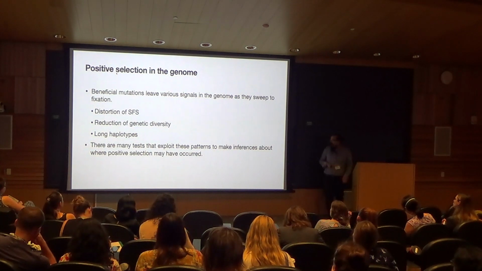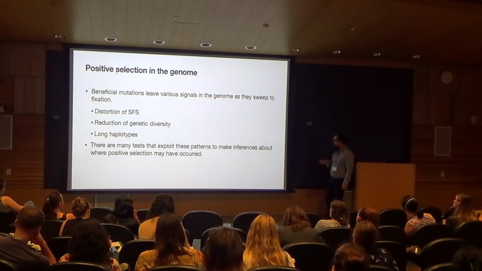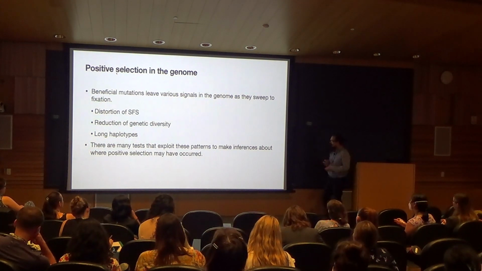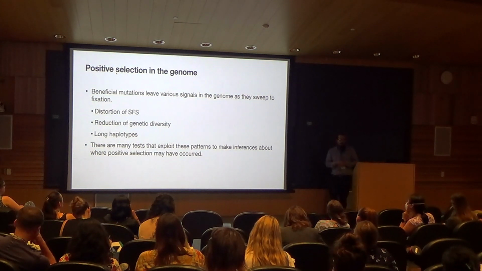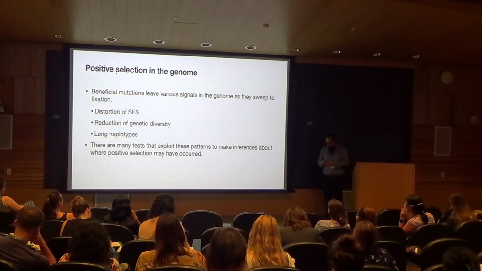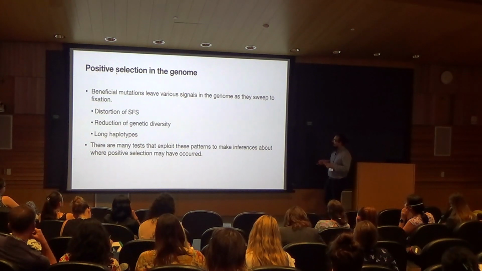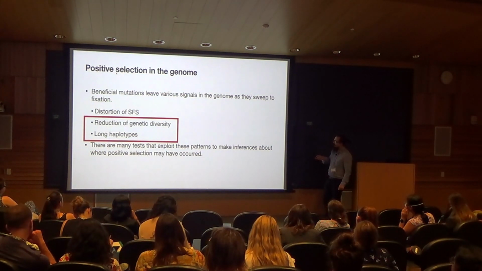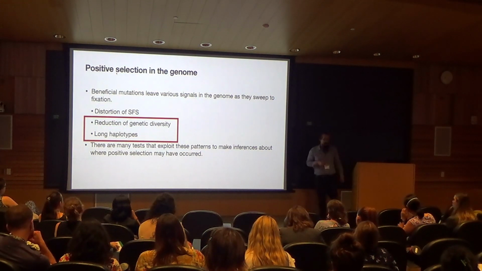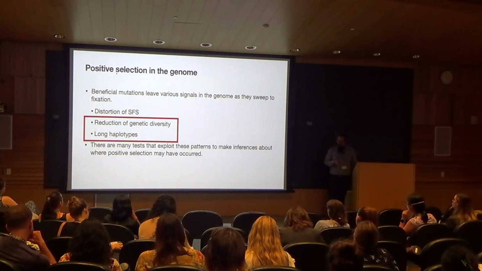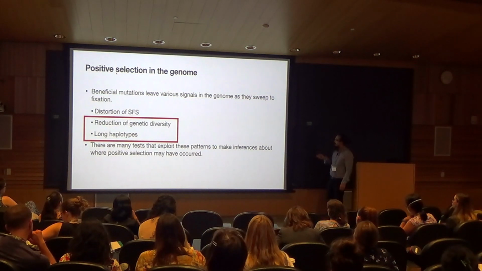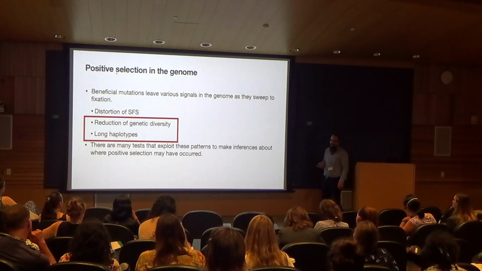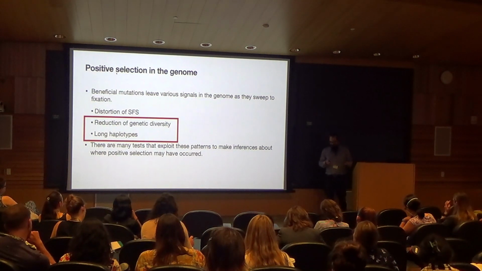And there are a lot of tests out there that exploit these patterns to make inferences about where in the genome positive selection may have occurred. Today I'm really going to be focusing on statistics that look at the reduction of genetic diversity in long haplotypes. Just to be clear, I'm really talking about sweeps that are ongoing or recently fixed.